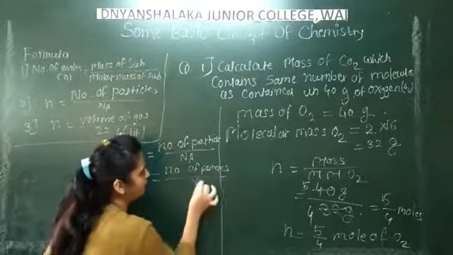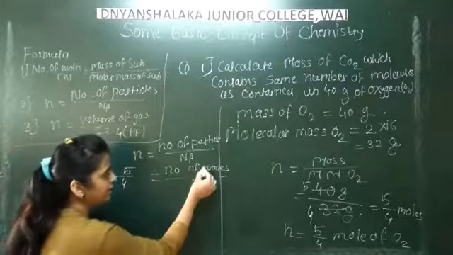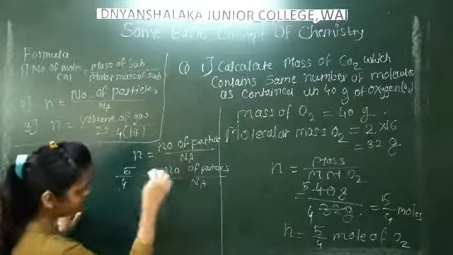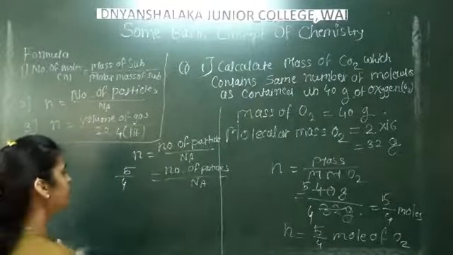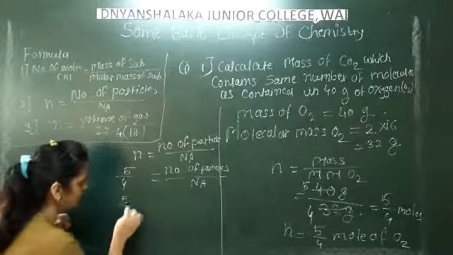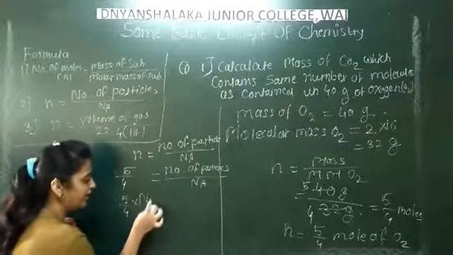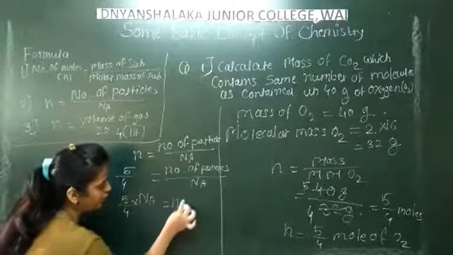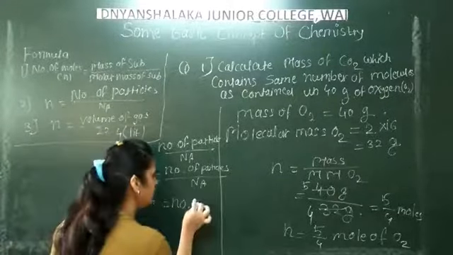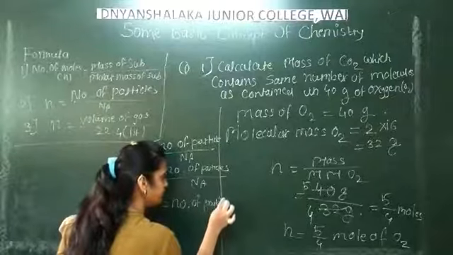On rearranging the equation, Na on the right hand side is divided, so on the left hand side Na is multiplied. So 5 upon 4 into Na, the Avogadro number, gives the number of particles or molecules.